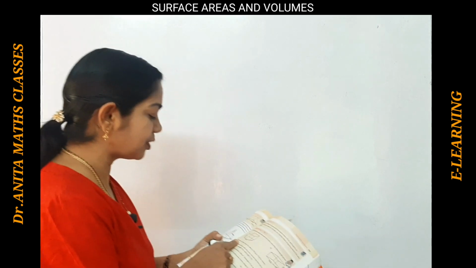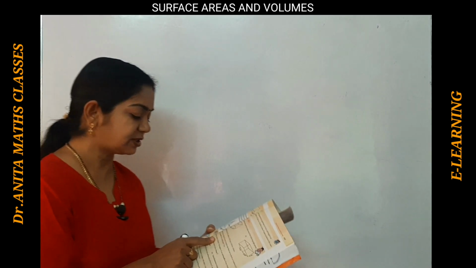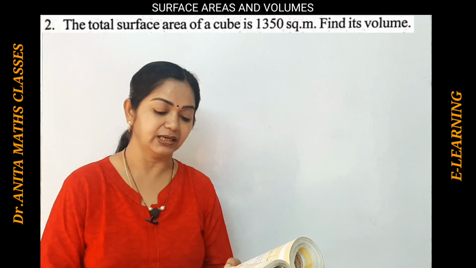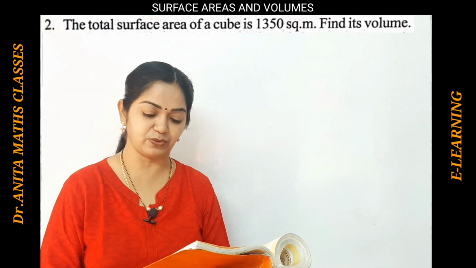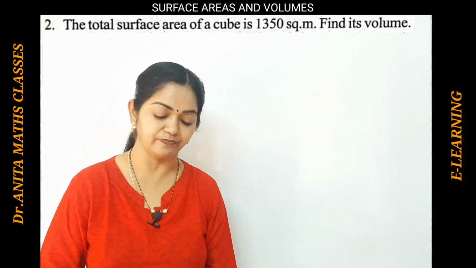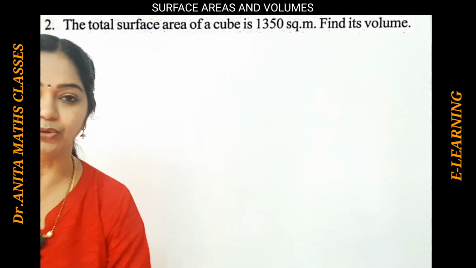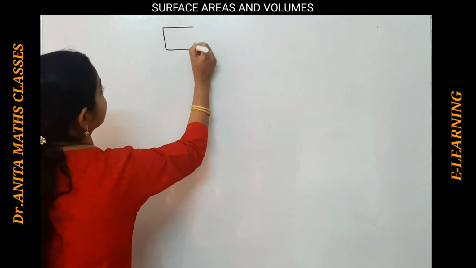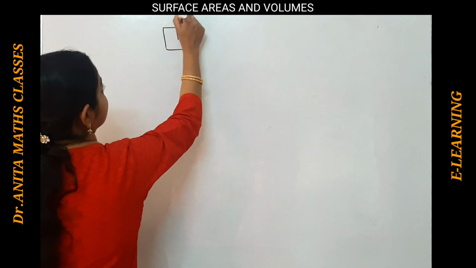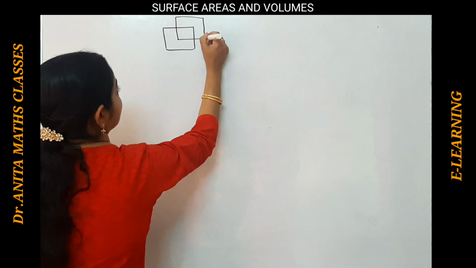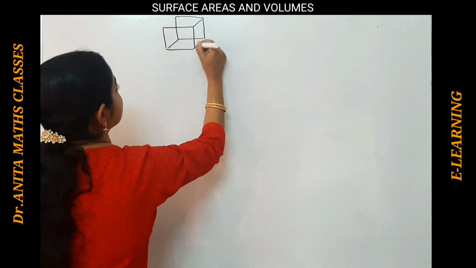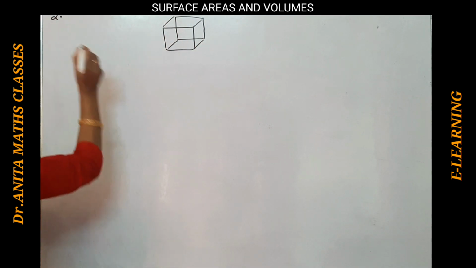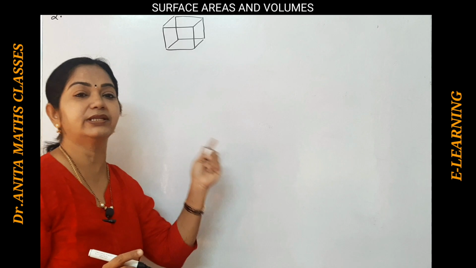The first problem I have done in the previous video. So, the second problem I will read out for you. The total surface area of a cube is 1350 square meters. Find its volume. Now, the cube. In these three-dimensional figures, if the diagram is not given, just draw the diagram, okay?